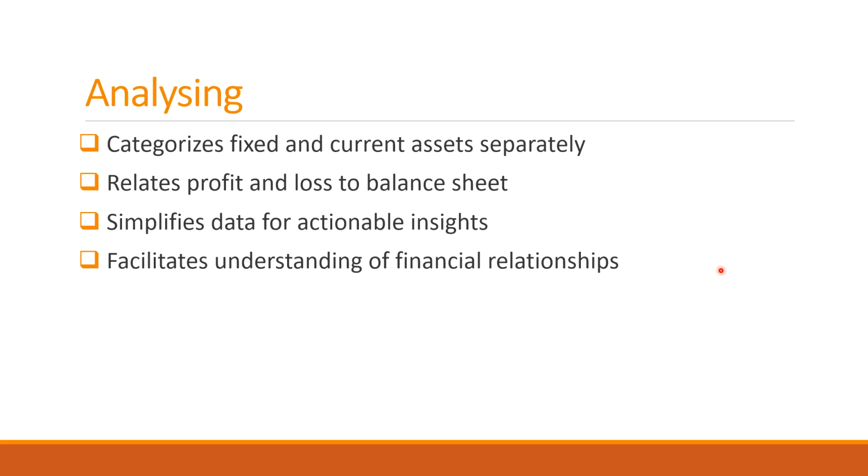So one of the key tasks is categorizing the assets into fixed and current assets to provide a clearer view of the business's financial standing. This falls under analyzing. Fixed assets such as property or machinery are long-term investments that help generate revenue over time.